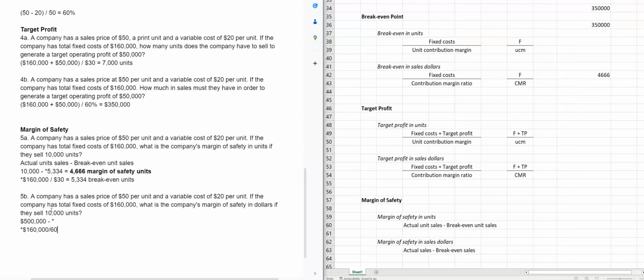divided by our contribution margin ratio, and that was 266,666.67. Let's plug that in.